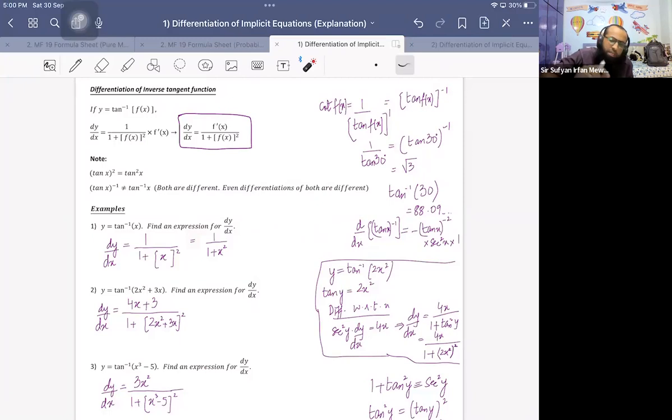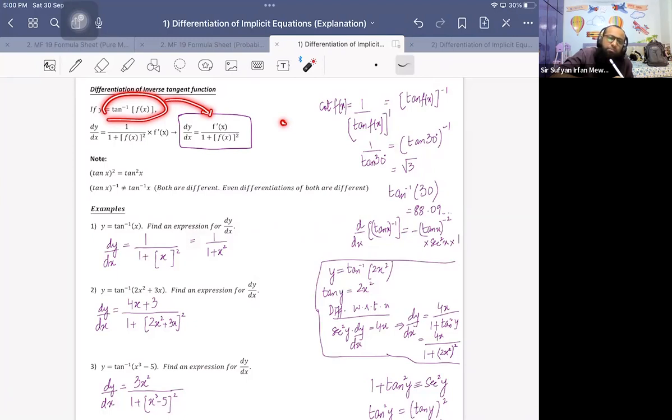Then I just have to teach the connection between implicit equations and the inverse tangent function, that is, how this formula that we have memorized now has been derived using the concept of implicit differentiation. Although that derivation will not be asked, no one is going to ask you that derivation, but we need to clarify that concept.